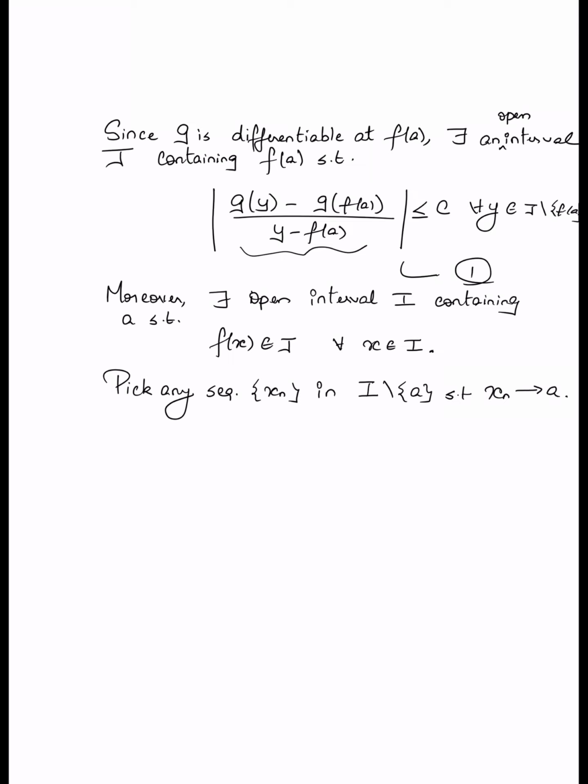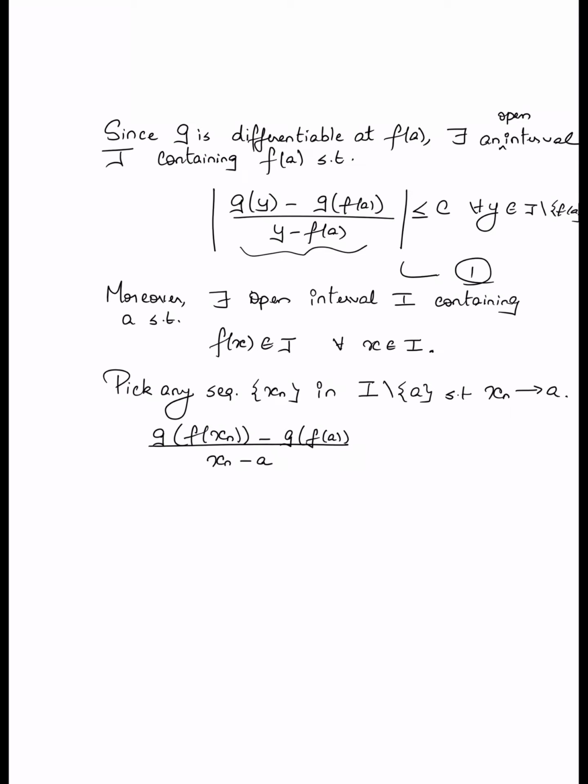So along this sequence I want to argue that the sequence associated with the derivative of the composite function has a limit of 0. So for that what we are going to do is look at (g(f(xn)) - g(f(a)))/(xn - a).